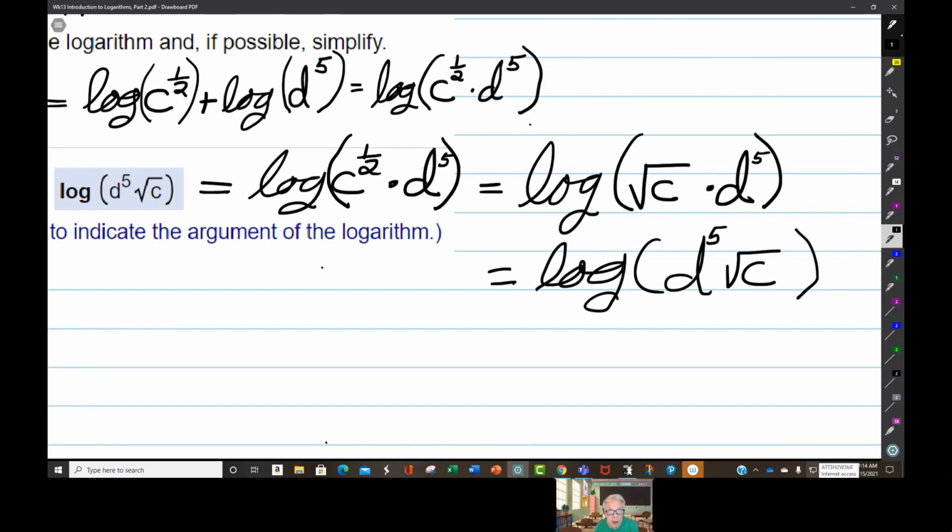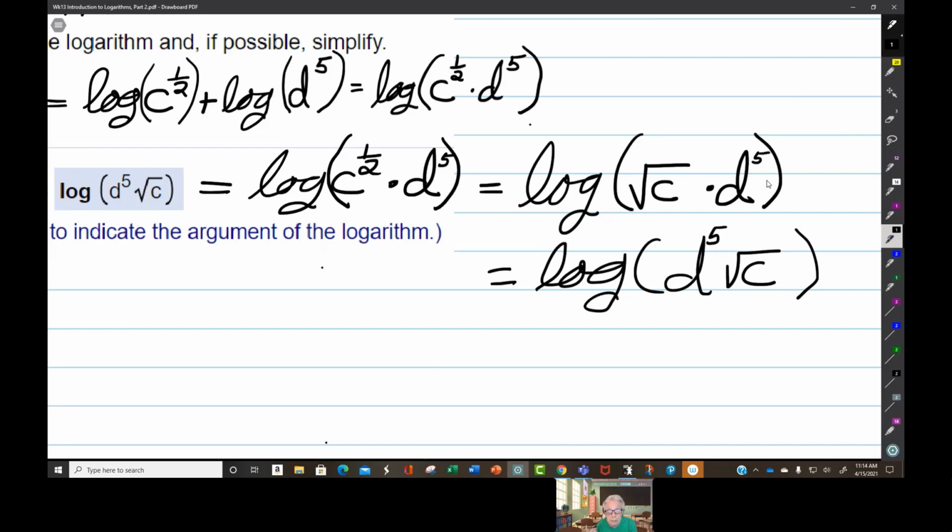Now what you need to memorize, what you've learned in the past, and you probably slept through it, is that any number raised to the 1/2 power is the square root of that number. So C to the 1/2 power is the square root of C. Meanwhile, times D to the 5th.